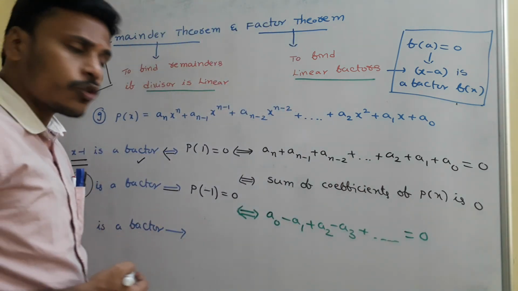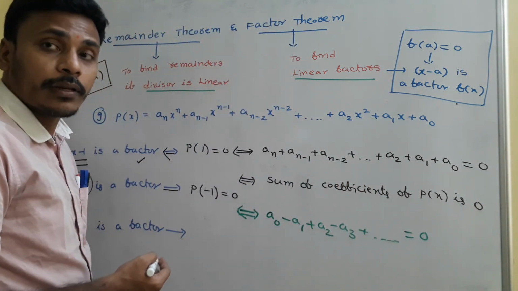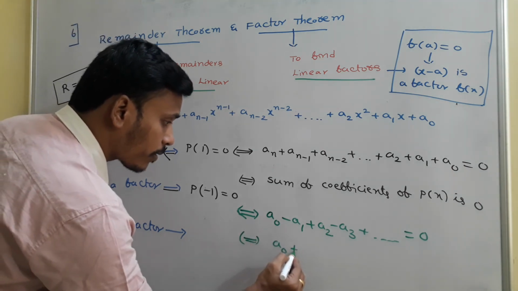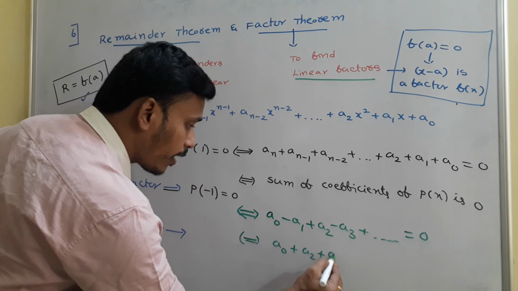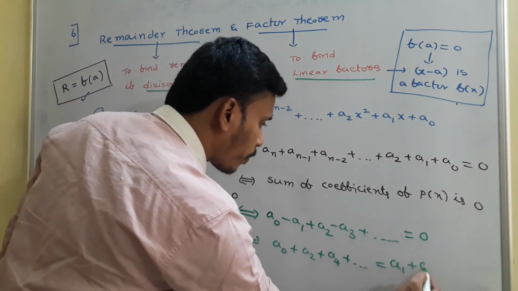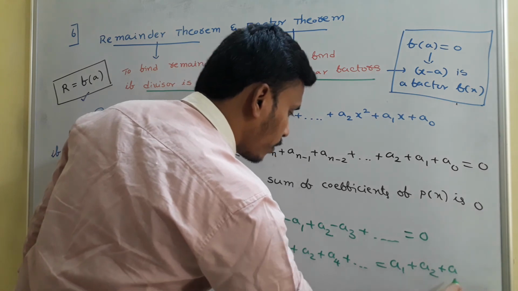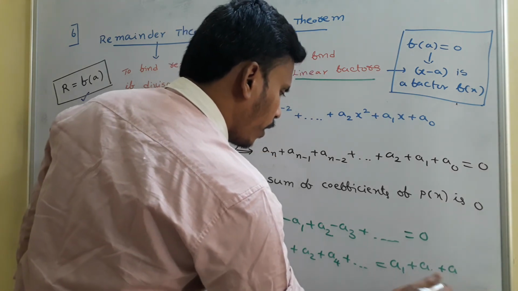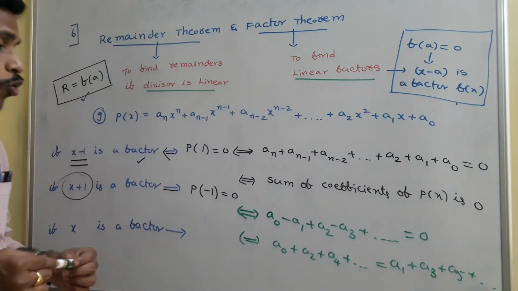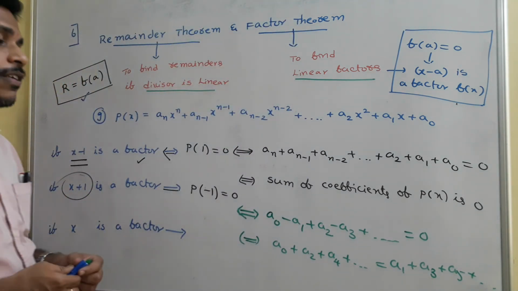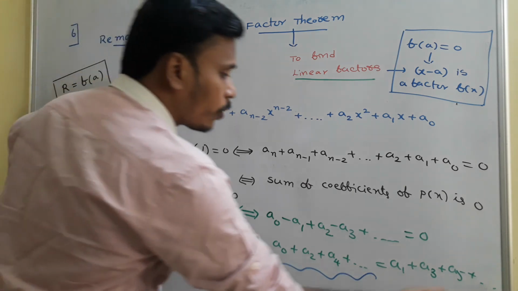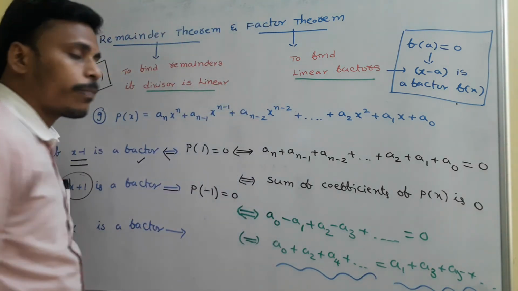So just rewrite it like this: a0 plus a2 plus a4 plus and so on is equal to a1 plus a3 plus a5 plus and so on. Just observe, if x plus 1 is a factor, a0 plus a2 plus a4 and so on is equal to a1 plus a3 plus a5 plus and so on.